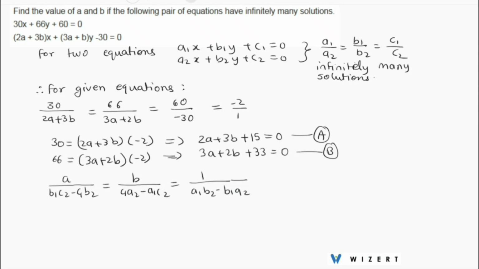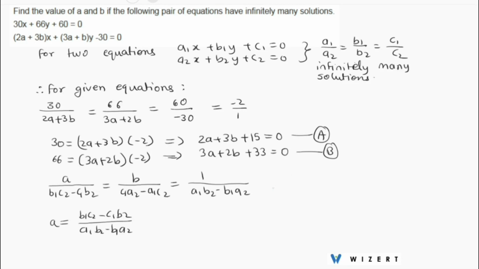So by simply putting these coefficients here, we get the values of a and b. So we get a equal to b1 c2 minus c1 b2 divided by a1 b2 minus b1 a2. I have equated this with this.